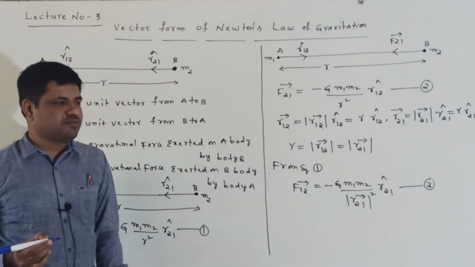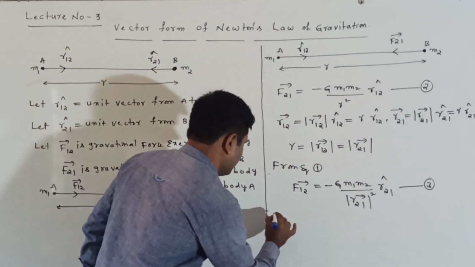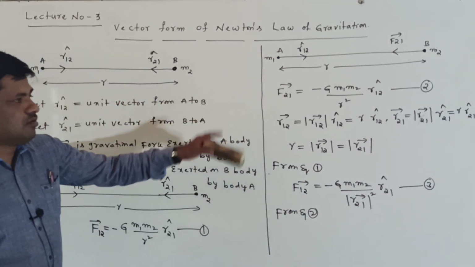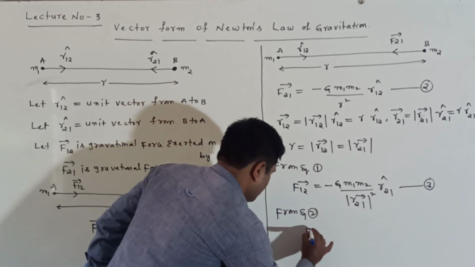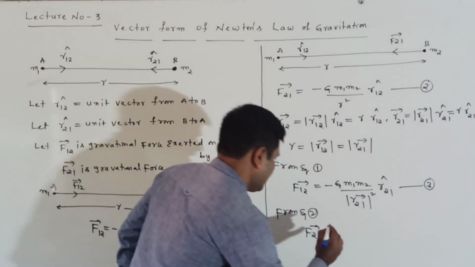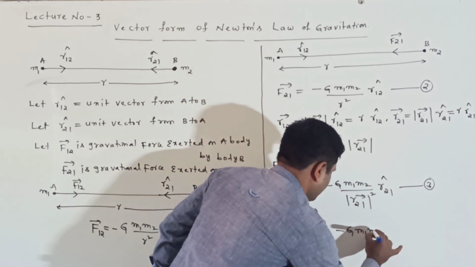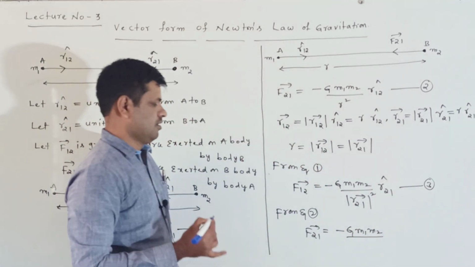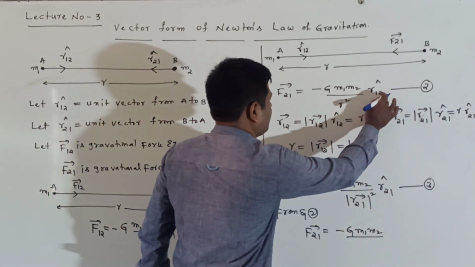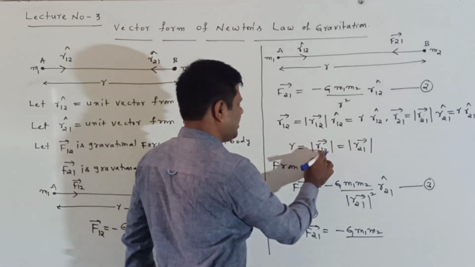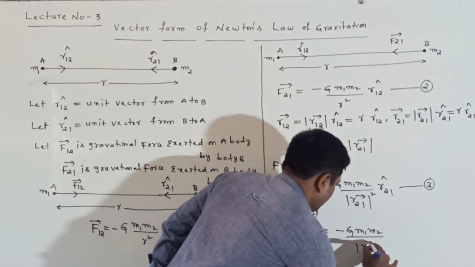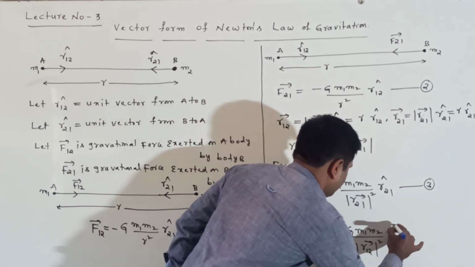Now from equation 2, I am changing similarly. F21 bar can be written as minus G into M1 M2 by mod R12 bar whole square into R12 cap.